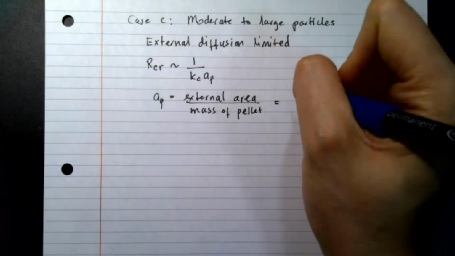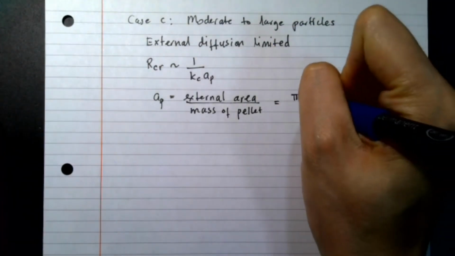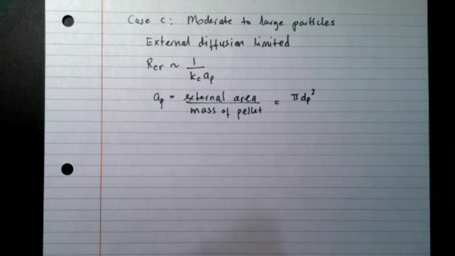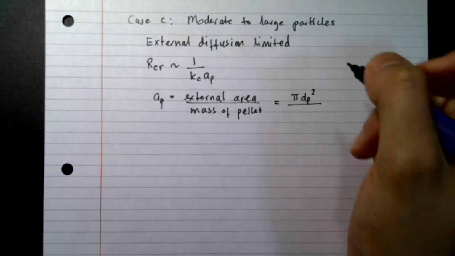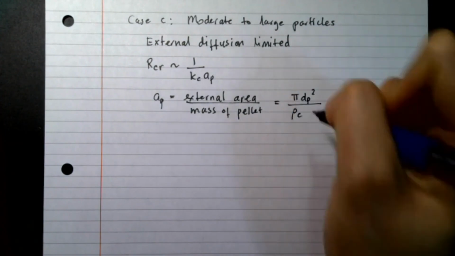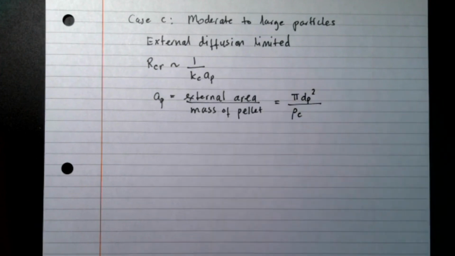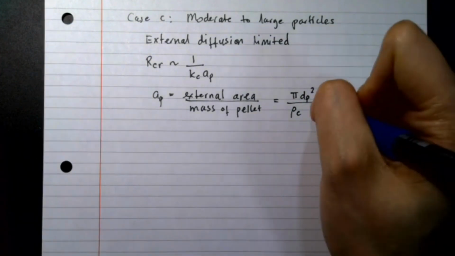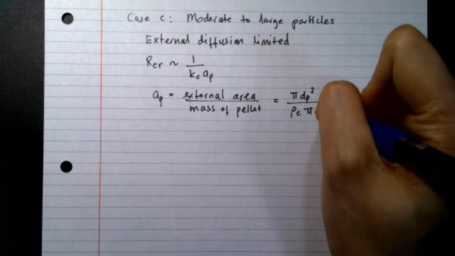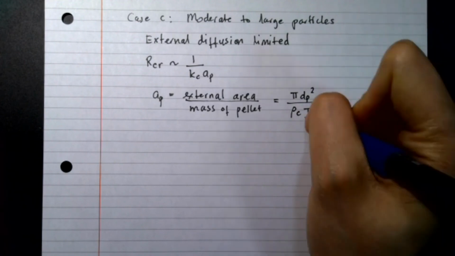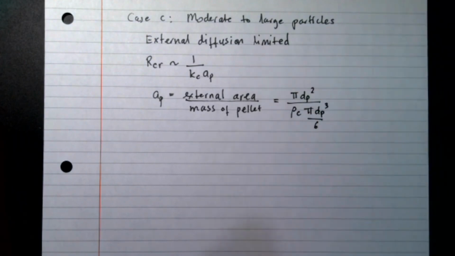So the external area is just equal to pi times the square of the diameter. And the mass of the pellet can be written as the density of the particle times the volume. And the volume of a spherical pellet is equal to pi times the cube of the diameter divided by 6.